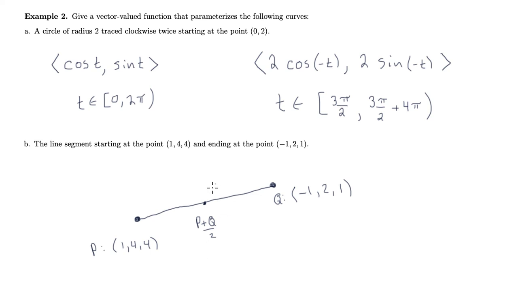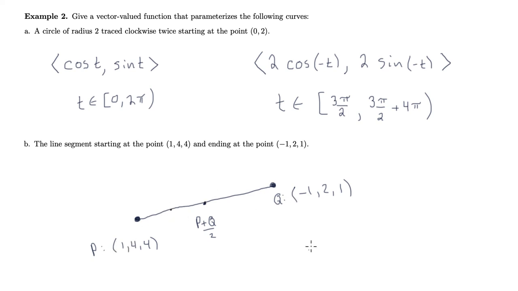And we can extend this reasoning to get any point on the segment. If I'm over here, I want 100% of point P and 0% of point Q. But in the middle, I want 50% and 50%. And maybe here, I want 75% P and 25% Q.